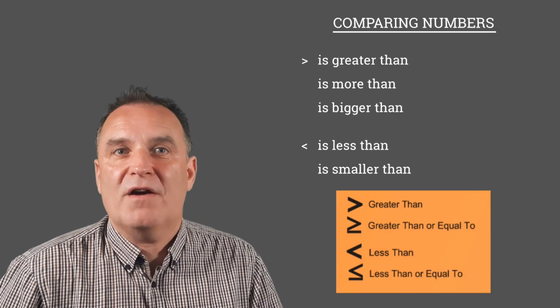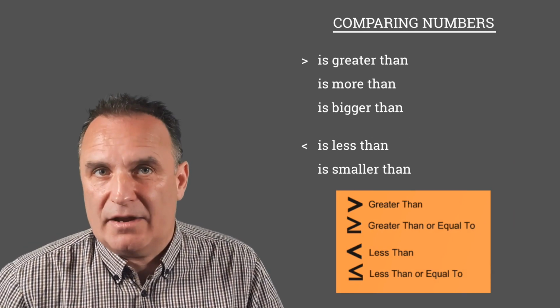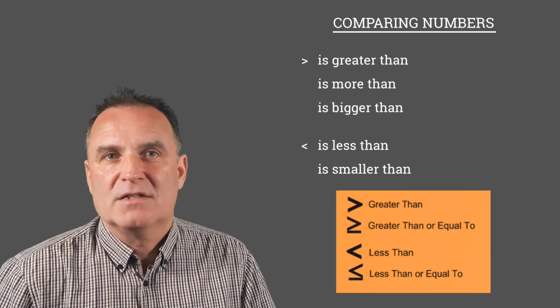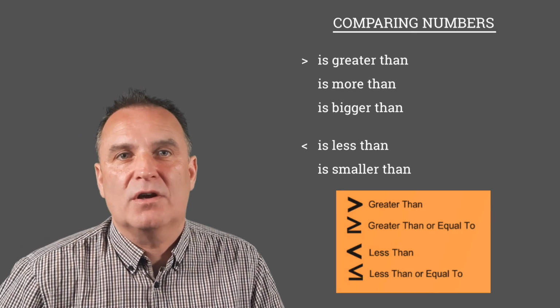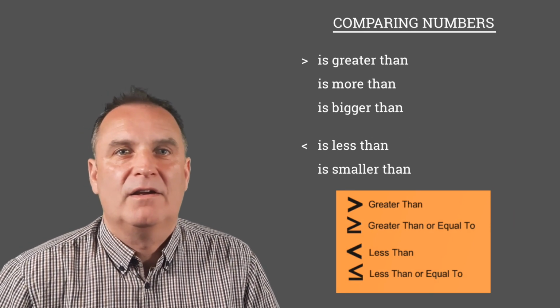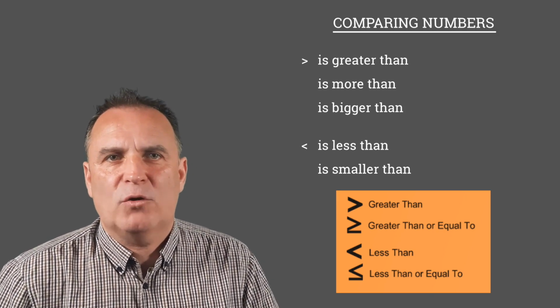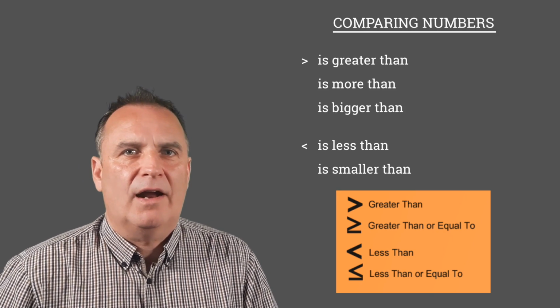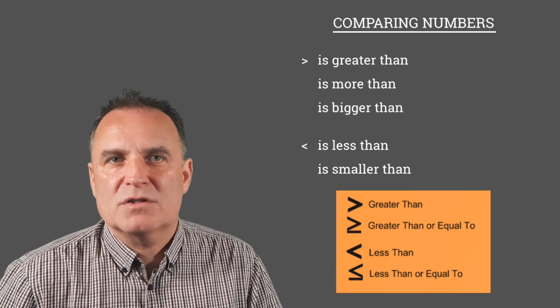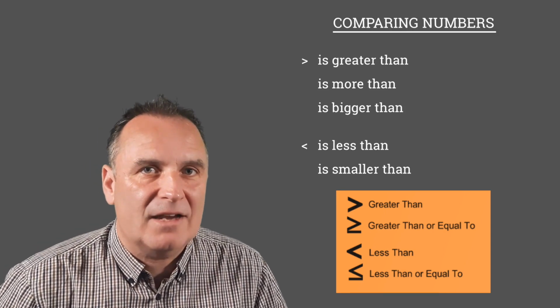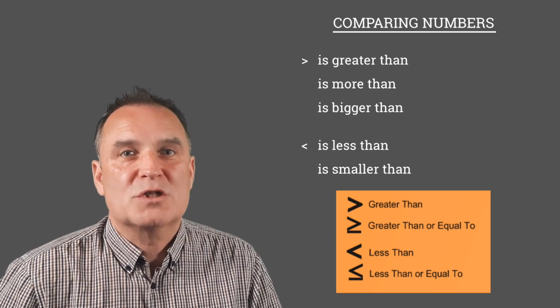Certainly we can say 5 plus 4 is greater than 2 plus 6, or is more than. So this sign we can use to indicate greater than, and we sometimes say more than. And the opposite sign, of course, means it's less than or smaller than.